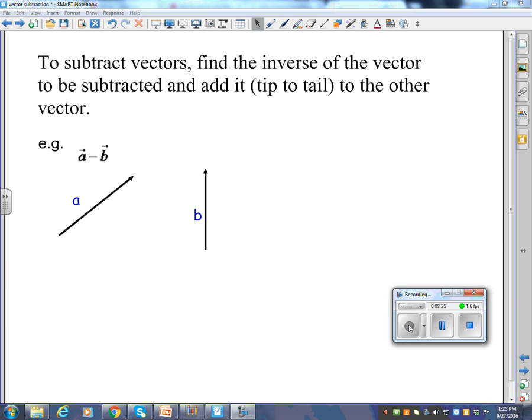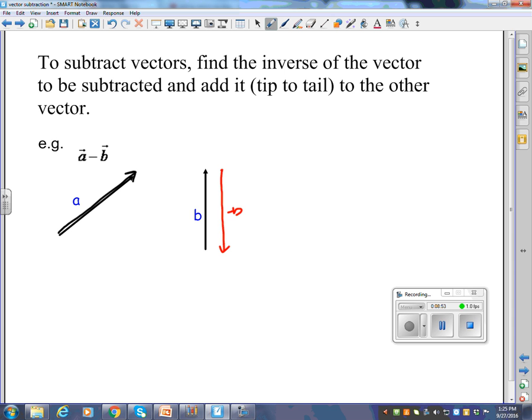To subtract vectors, find the inverse of the vector to be subtracted. In other words, flip the one you're going to subtract and add it tip to tail to the other one. Let me show you. Here's vector A in black. Here's vector B. So minus B would be like that.